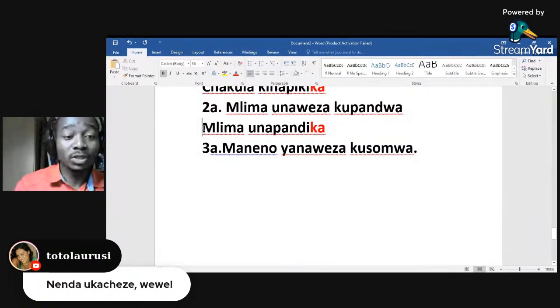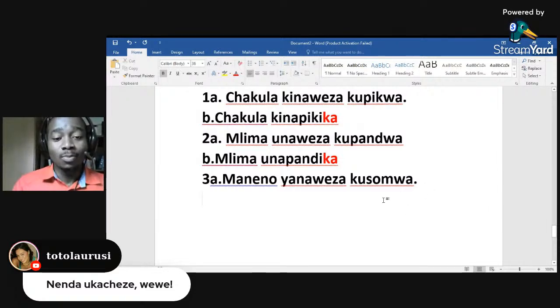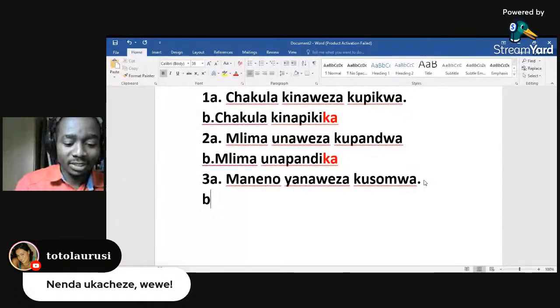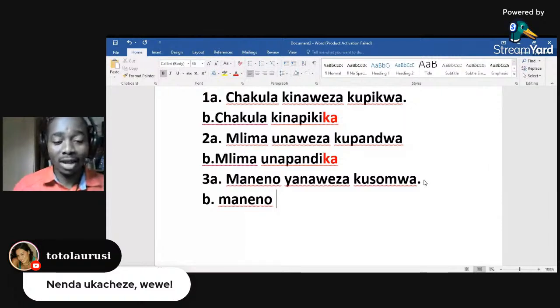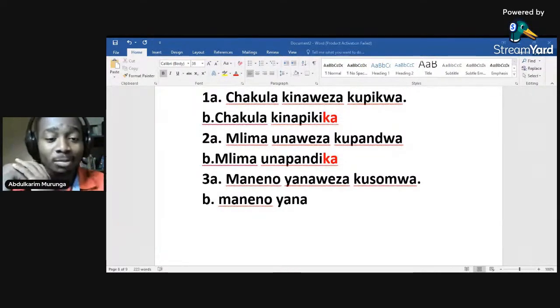So the third one, you're the one to answer. Maneno yanaweza kusomwa. The words can be read. The words are readable. So how do we say the words are readable in Swahili? Maneno yana blah blah. So we want to write this in Swahili using that ka. We put it at the end of the verb.